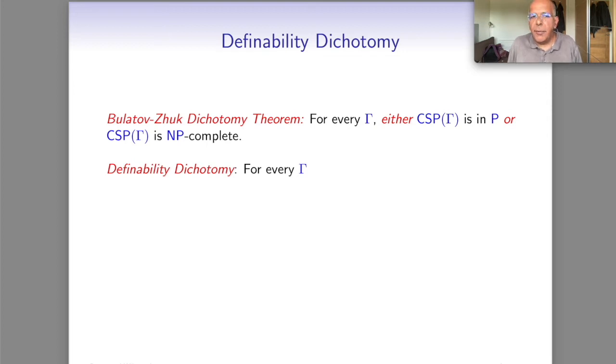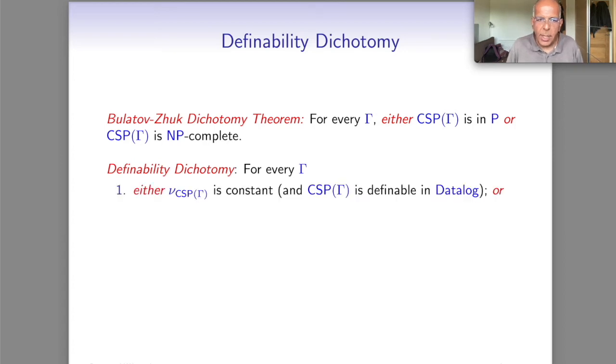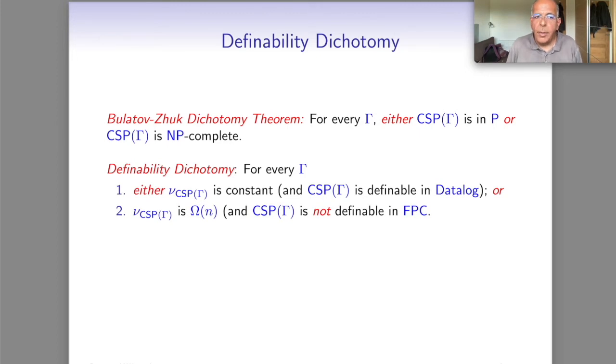We can also state the definability dichotomy, which is implicit in the previous slide, so this is an older result in some sense. It says that for every Gamma, either its counting width is constant, in which case CSP(Gamma) is already definable in Datalog, or the counting width is bounded below by a linear function, and then CSP(Gamma) is not definable in FPC even.